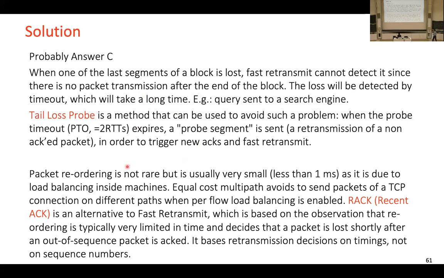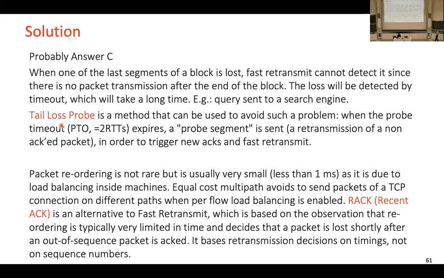That's why a solution has been invented, which is called Tail Loss Probe. The idea of the tail loss probe is to have another specific timer. We had several timers, but we have another timer, called the probe timeout, PTO, which is equal to around 2 round trip times. When this probe timeout expires, you will send a specific packet, called a probe segment, and this packet will resend the data, the packet which has not been acked previously.